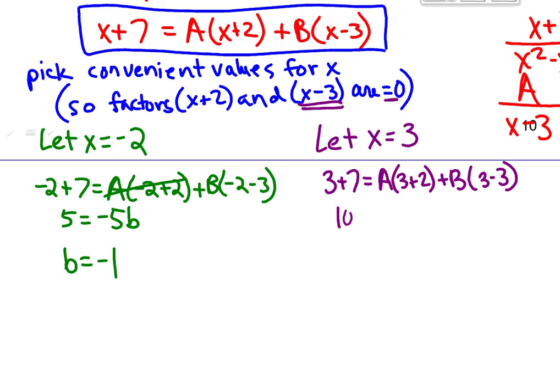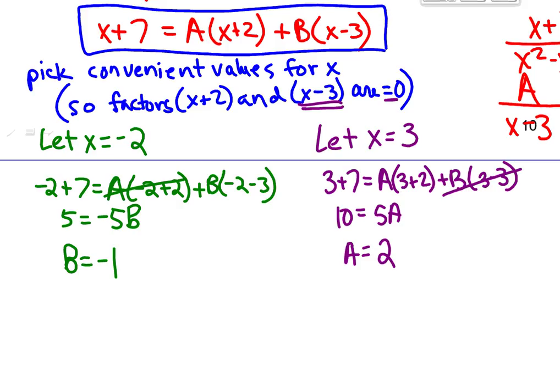Well, that'll be 10 equals 5a, and b times 3 minus 3 is 0. Then I divide by 5, so I get a equals 2. And somehow over here I made my b into a lowercase b. It really doesn't matter, but I'll fix that.